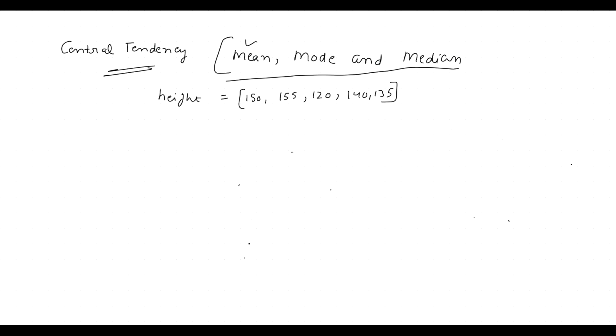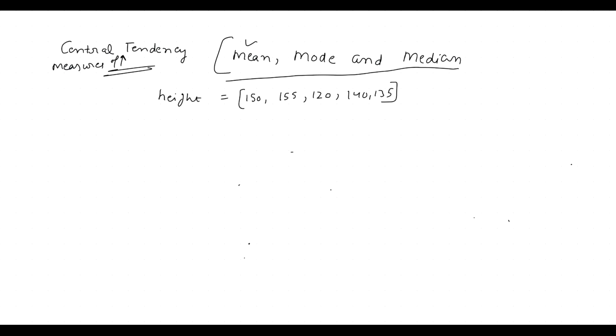Now we will talk about the median. Median is also part of your central tendency. If you have heard about the measures of central tendency, this is the same, because we want to find out the central value of your data, where the maximum data lie.